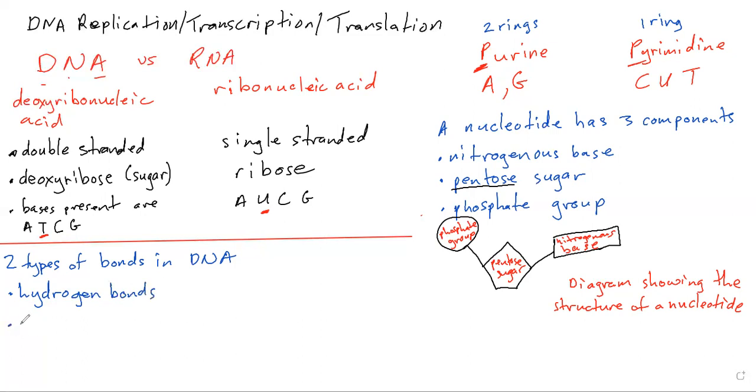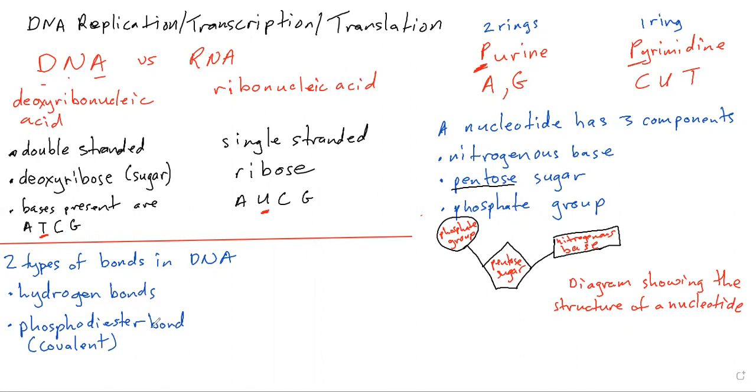and the next one, phosphodiester bond. And this is a covalent bond. So we have hydrogen bonds and we have a covalent bond, specifically called the phosphodiester bond.